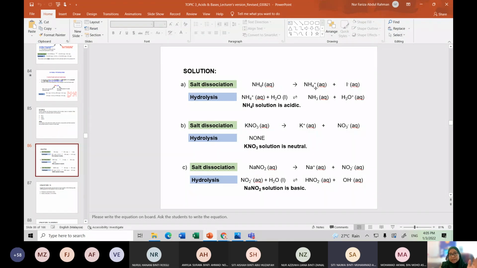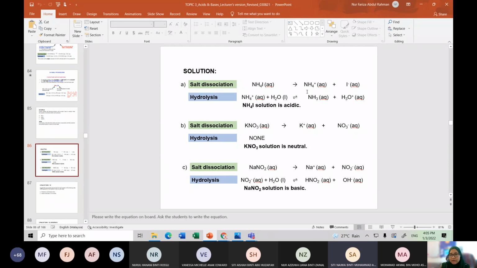Remember last time the conjugate pair: if we have a weak base, its conjugate will be stronger than the original form of the acid or base. So NH4+ in this case will undergo hydrolysis.